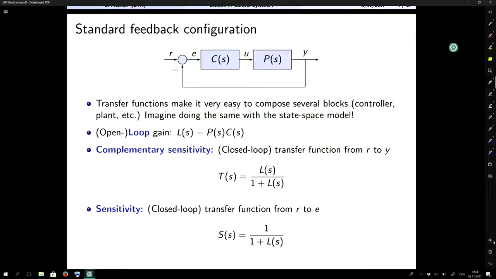Then what I know is that Y will be P of S times e to the power st. This is the steady state, and this assumes that P of S is actually stable.